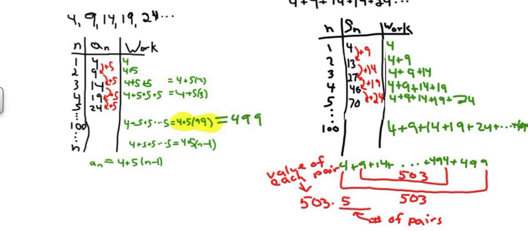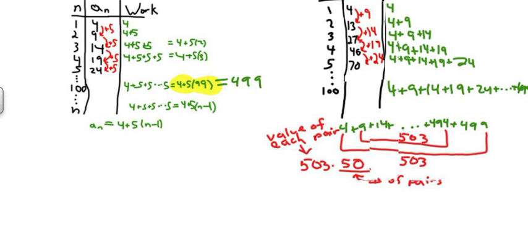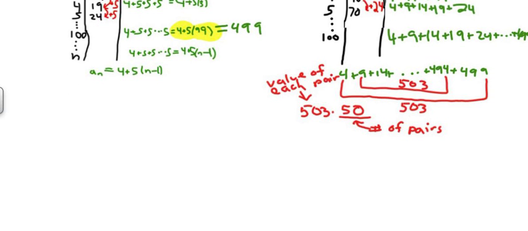Well, how many pairs do we have here? Well, here there are 50 pairs. Why? Well, there were 100 numbers in the series, but we paired them up, so there are 50 pairs. And 503 times 50 is 2,515.